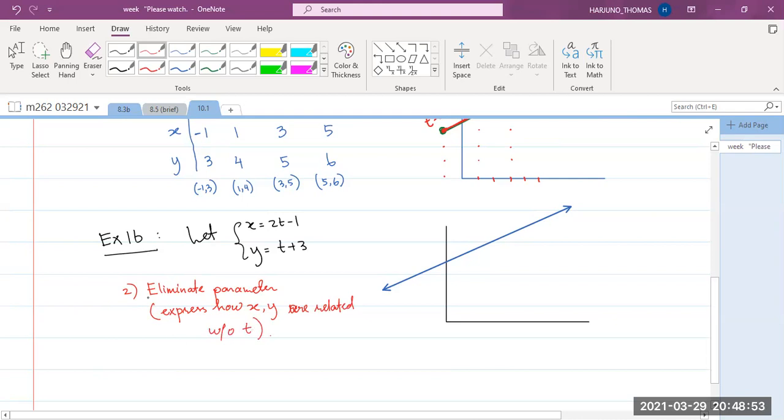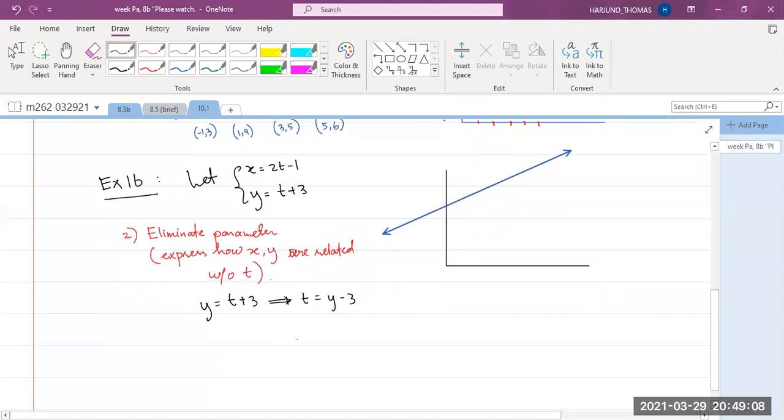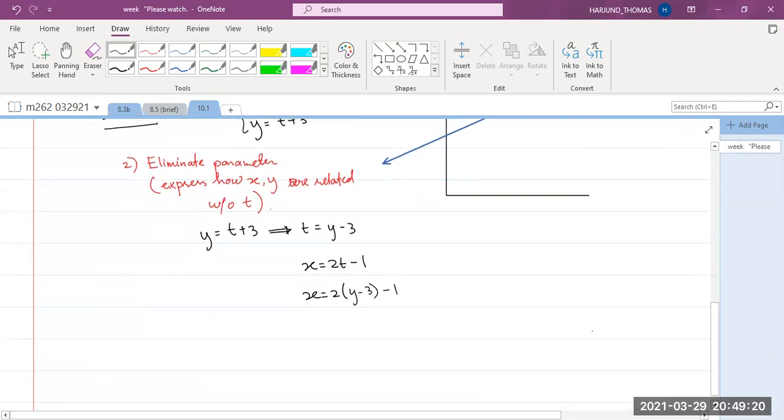So for example, let's say y equals t plus 3, right? I solve for t, so t equals y minus 3. And then I substitute the t in the other equation. x equals 2t minus 1, so x equals 2 times (y minus 3) minus 1, and then simplify.